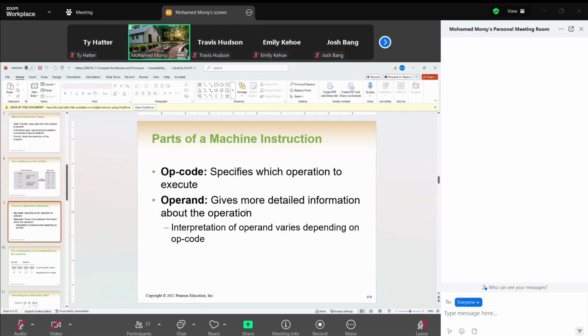The operand gives us details about the operation. We'll see this in different examples. The interpretation of the operand varies depending on the opcode, based on the type of operation we need to execute.